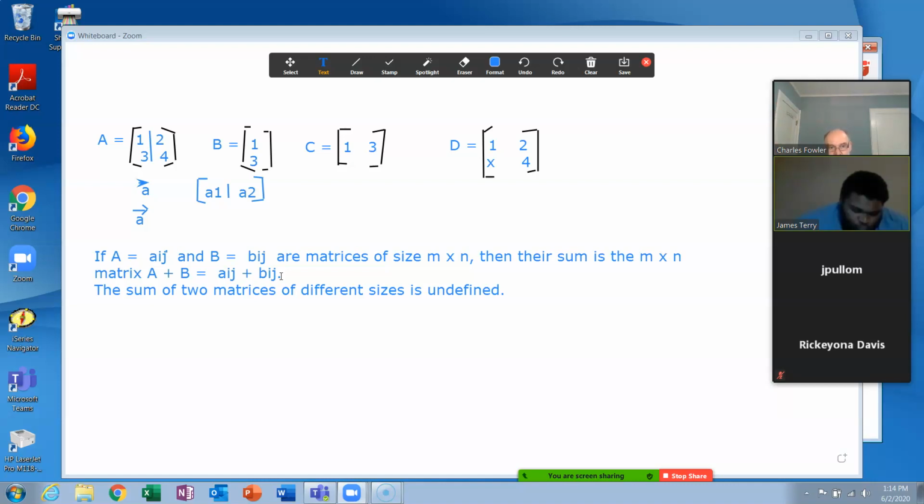A73 added to B73 is going to give you the 7th row, 3rd column entry in the sum matrix. You cannot add two matrices if they're different sizes, and when you're adding two matrices, every entry is a sum of the corresponding entries of the original two matrices.